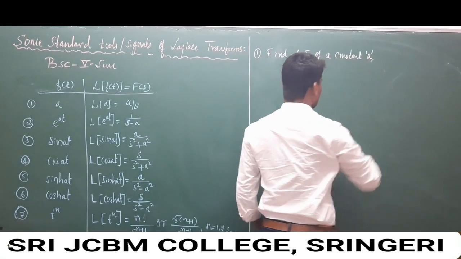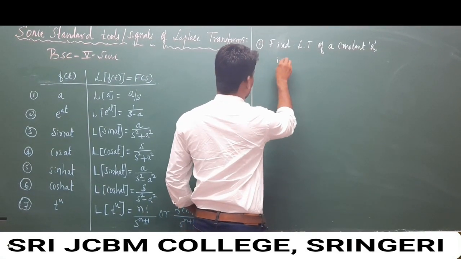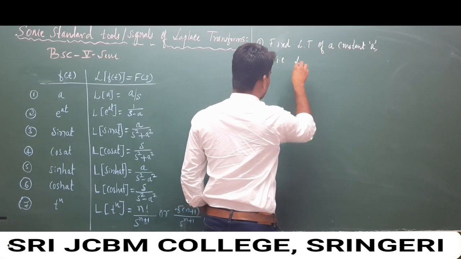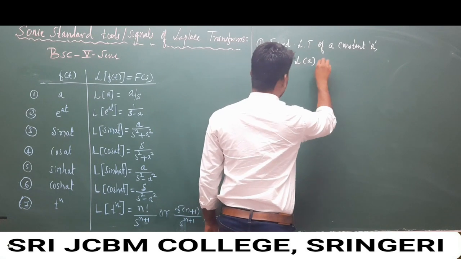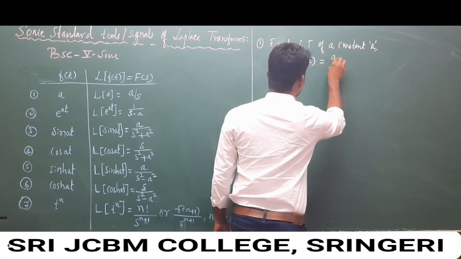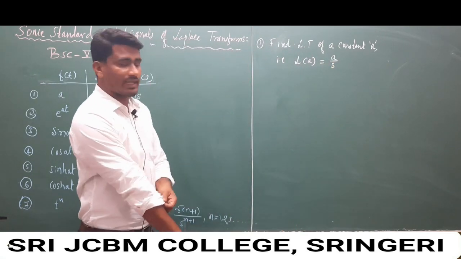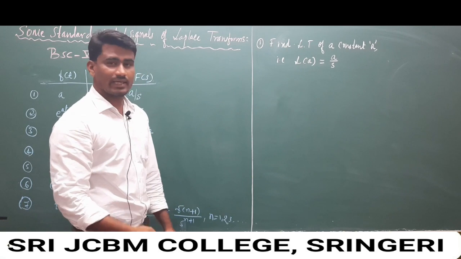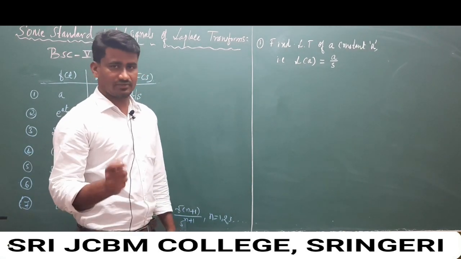So here I have taken a as a constant, and if you apply the Laplace transform of any constant, definitely we will get in the frequency domain the answer a over s, and this one we can prove or solve with the help of the definition of Laplace transform, and already we discussed it in the previous video.